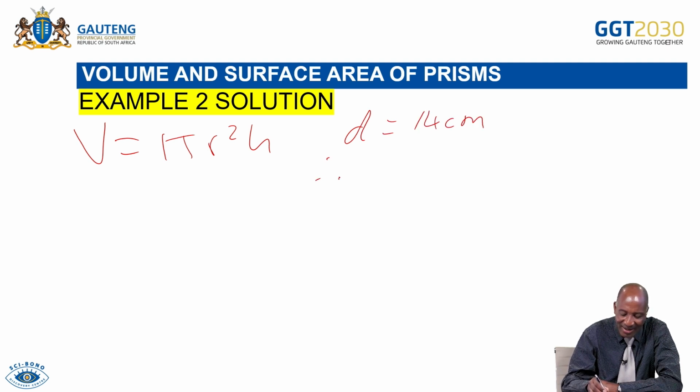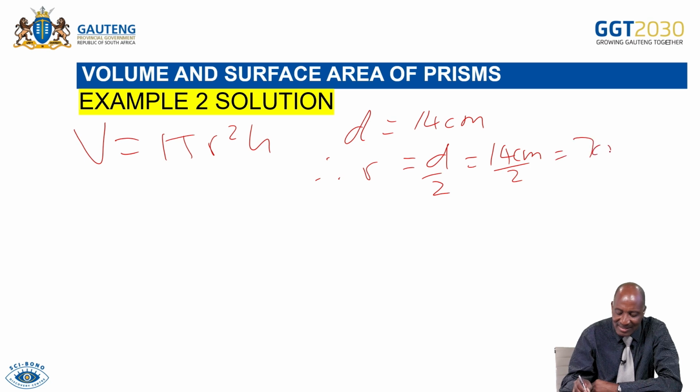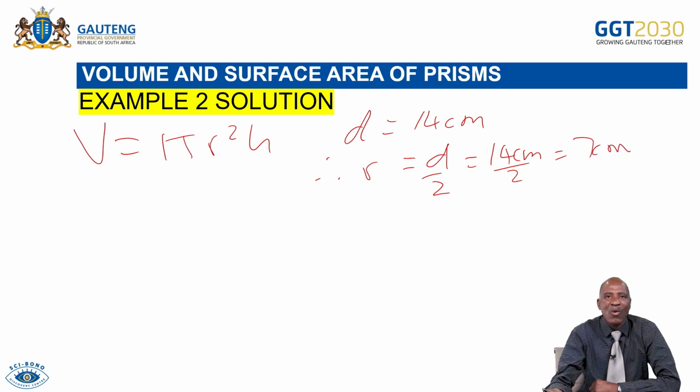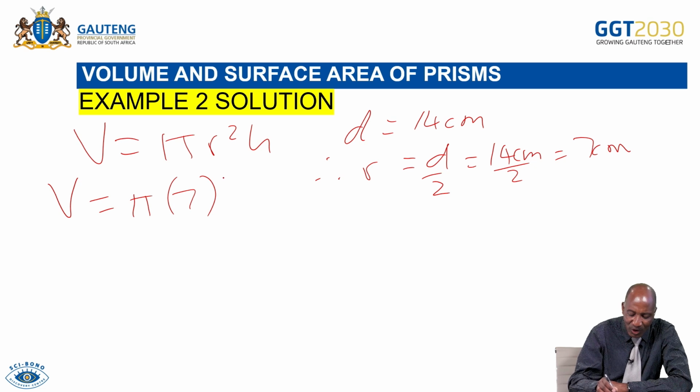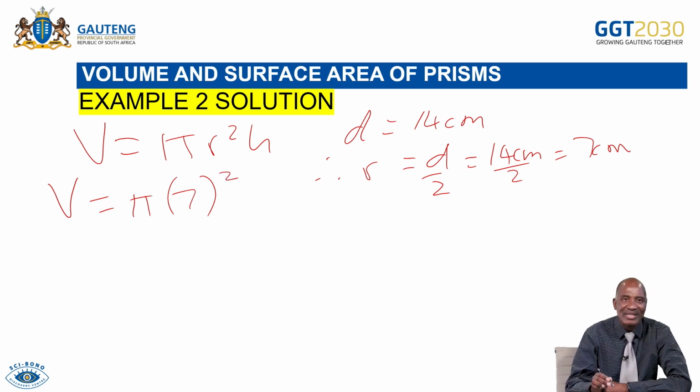Therefore, our radius is equal to diameter divided by 2, which is 14 centimeters divided by 2, giving us 7 centimeters as our radius. We come back here and substitute pi, then 7. I would prefer that we leave out units for now. 7 squared, because they sometimes confuse, multiplied by the height, which was 15.